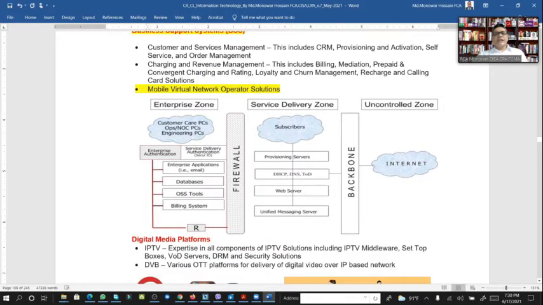Here we have the enterprise zone, service delivery zone, and uncontrolled zone. The uncontrolled zone is the internet.